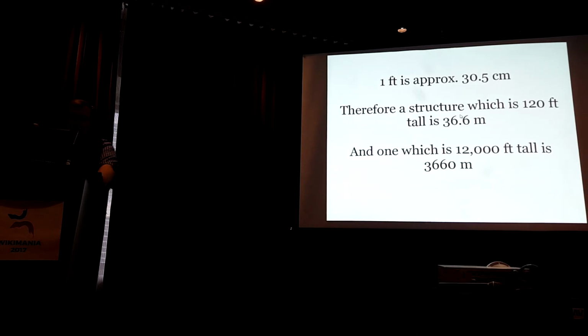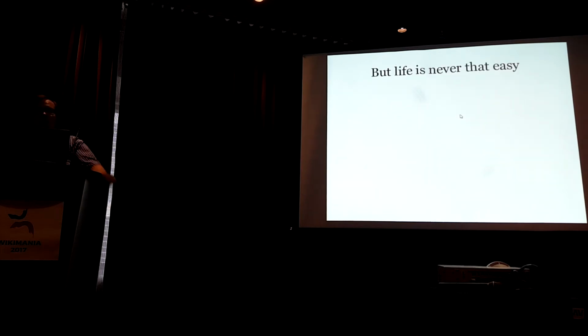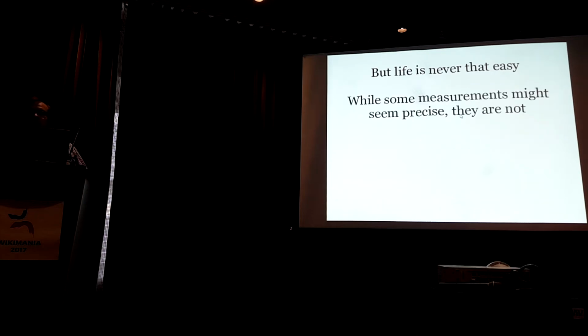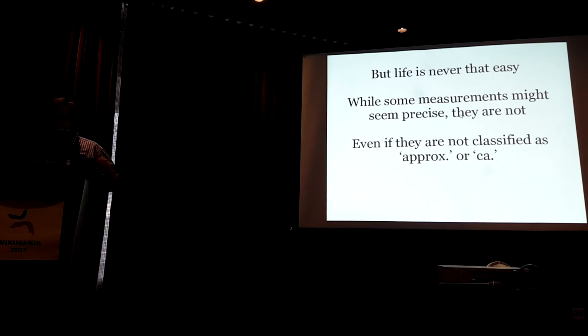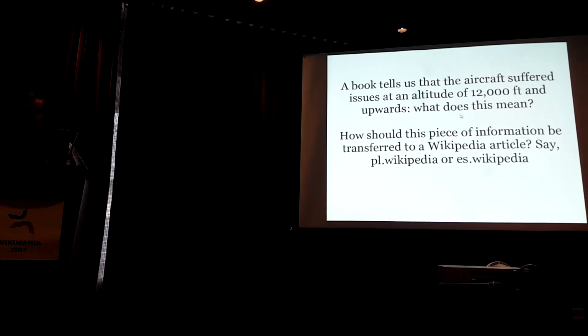However, if we are talking about less precise measurements, problems start to crop up, because some sources will provide us with approximate numbers. However, those numbers will not be classified as approximate. They will be provided as is, which in turn will mean that we should, as Wikipedians, when writing articles, quote those numbers verbatim.